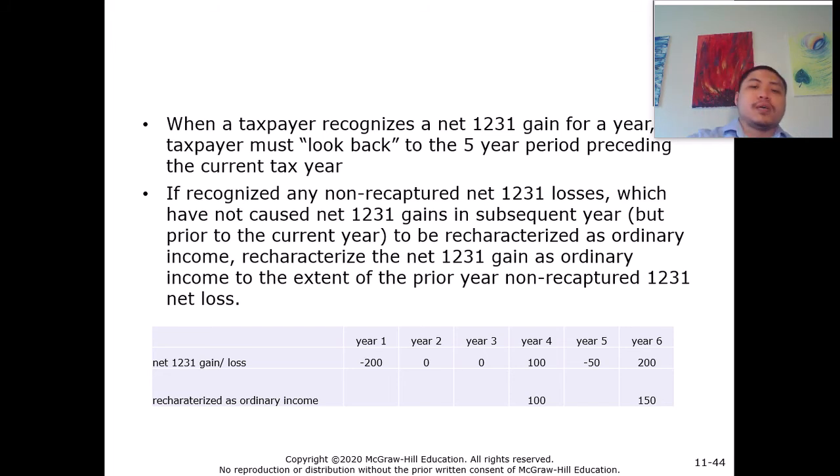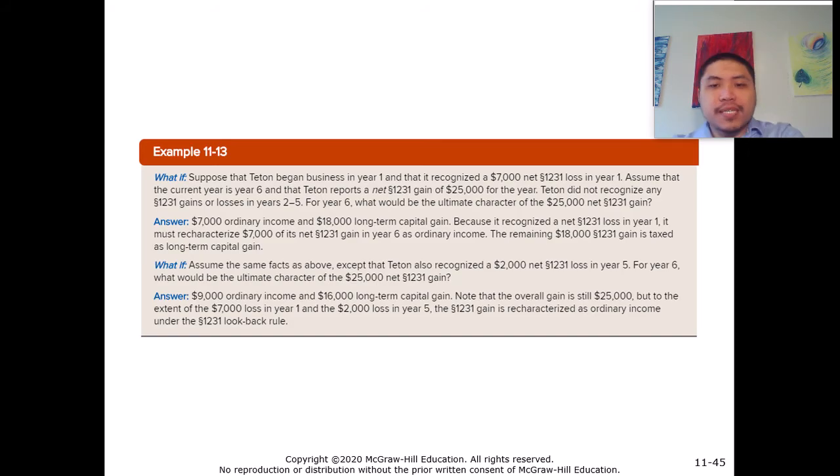All right. Then let's look at another example. The example is kind of similar to the one I just showed you. The problem said, suppose that Titan, the company, began business in year 1, and that it recognized $7,000 of net Section 1231 loss in year 1, and assume that the current year is year 6, and that Titan reports a net 1231 gain of $25,000 for the year.